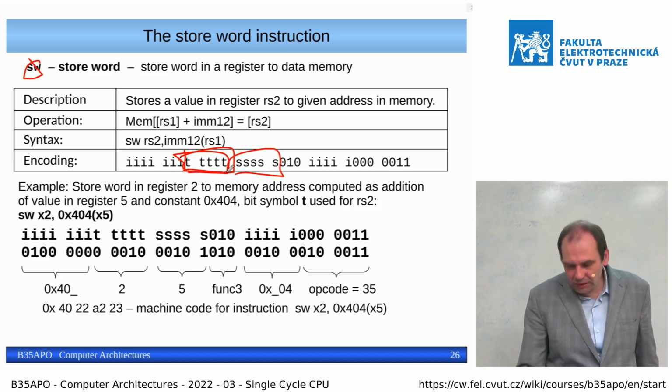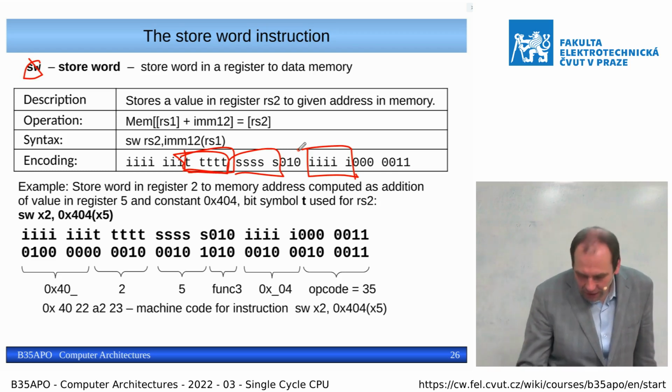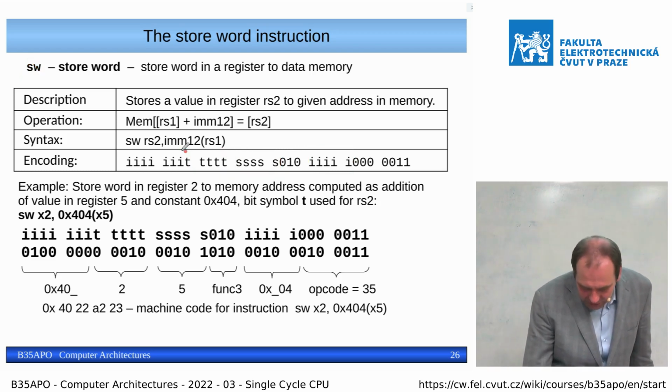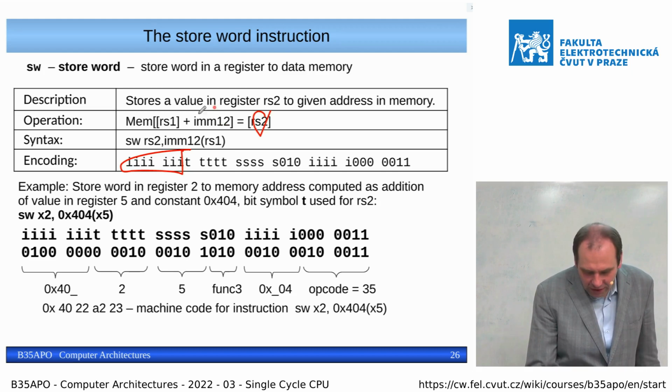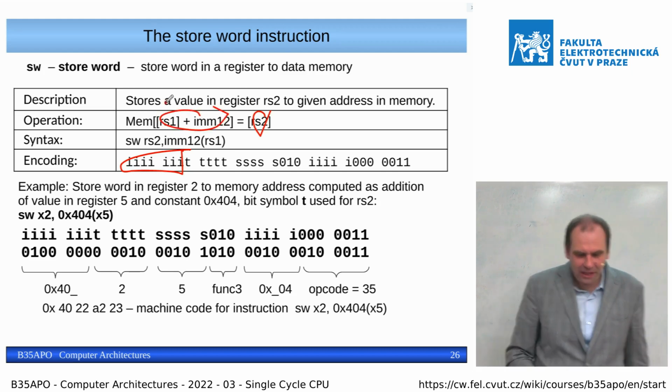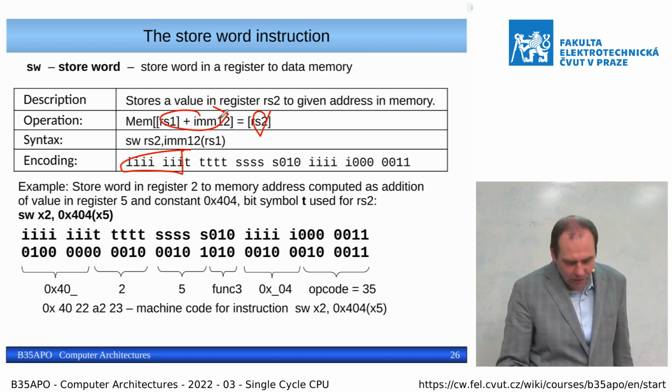We do not need a destination register because the destination is a memory location. So we reuse those 5 bits for the immediate data. And we have the immediate data at the start of the instruction. The instruction takes a second source register and stores it at the first source register plus a 12-bit immediate value.